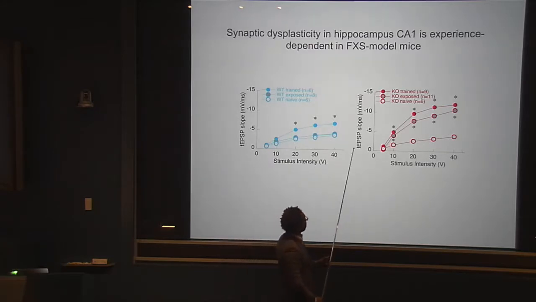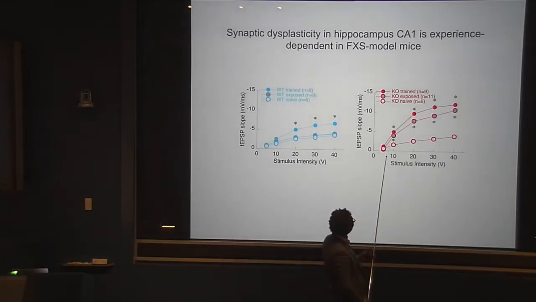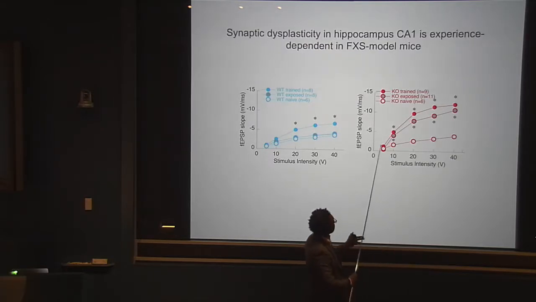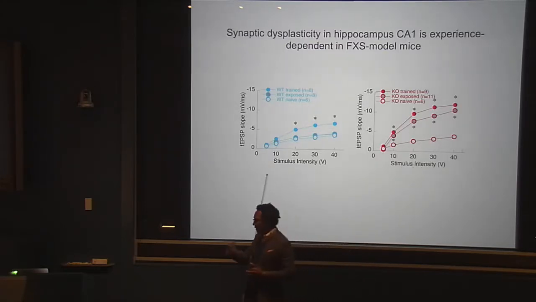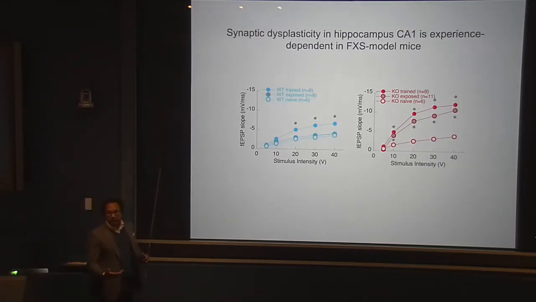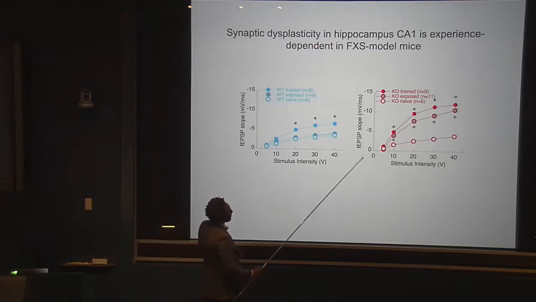If you look at the Fragile X model mouse, this is the naive. The naive looks exactly like the naive in the wild type. However, just walking around the arena creates a massive enhancement of that synapse, and the training creates a yet larger enhancement. So these animals have some abnormal plasticity. They become, with experience, more modified, if you will, even if it's not a memory task.